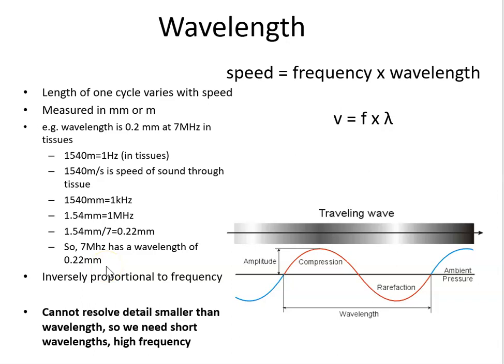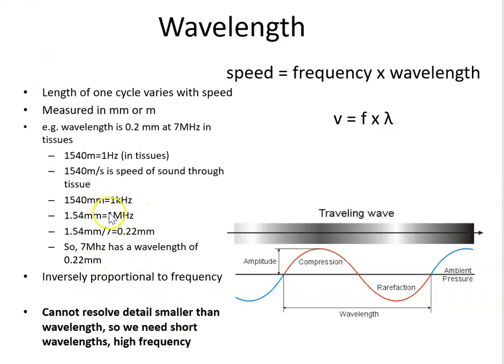So why have we actually gone through this and calculated this? Well, the reason why we need to consider this is we cannot resolve anything that is smaller than the wavelength. So if we're using ultrasound to look for very small structures, we need a frequency and a wavelength that allows us to resolve structures of this sort of size.